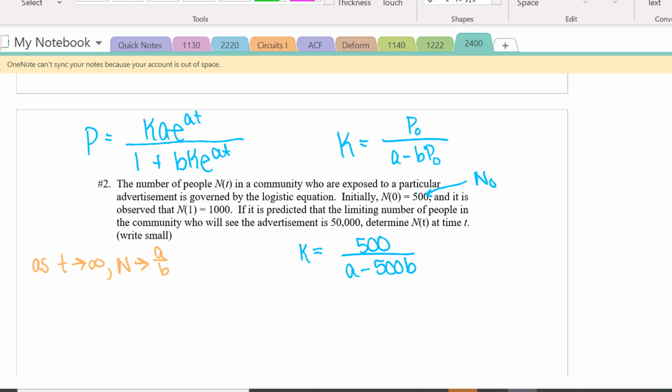So they tell us the limiting number of people, what that means is in the long run. So the limiting number of people who will see the advertisement is 50,000. That is this right here. So A over B is 50,000. As time goes on, we reach the limiting number.